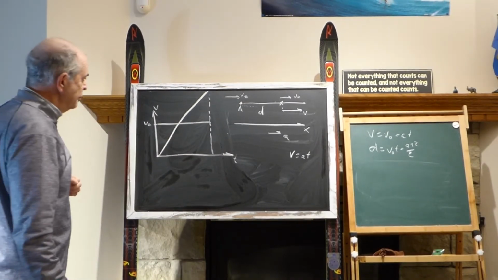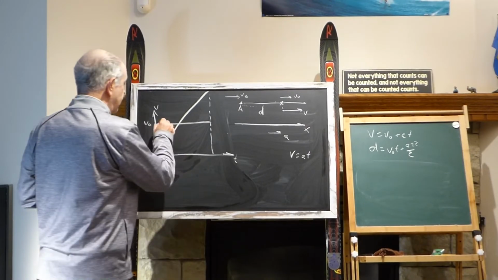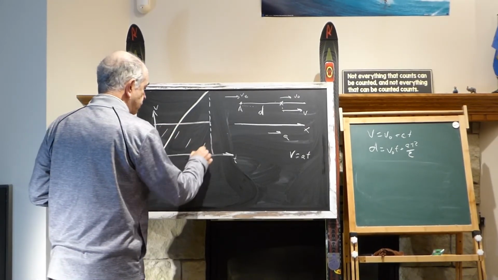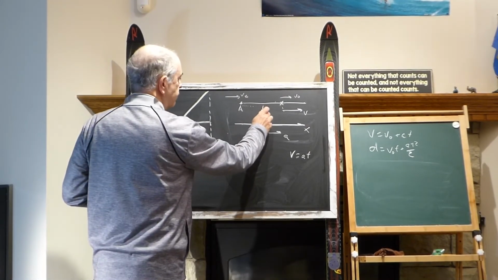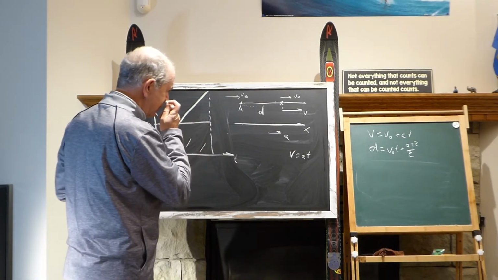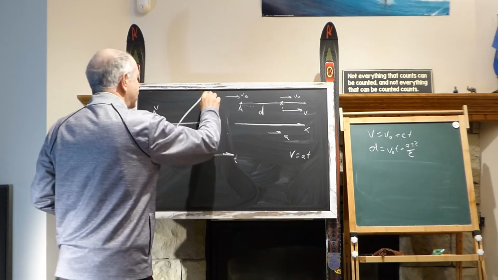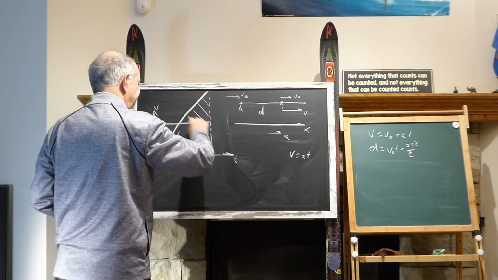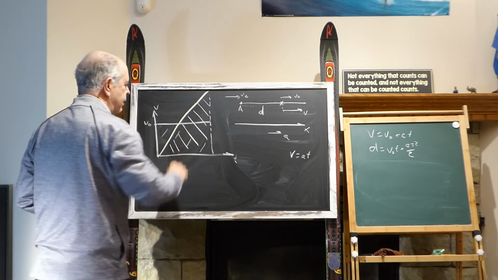And why is that? That's because this area is d, the distance that the bicycle covers, and it's exactly the same as this area under this triangle.